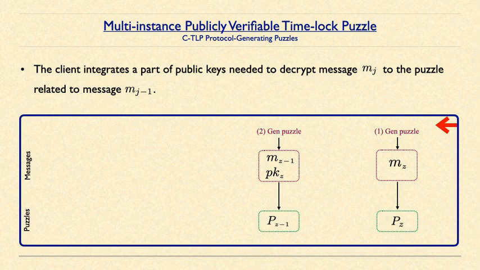However, it embeds the public key for Mz into puzzle Pz-1. During the process, it also computes a public key PKz-1 for puzzle Pz-1. It repeats the process until it reaches message M1.